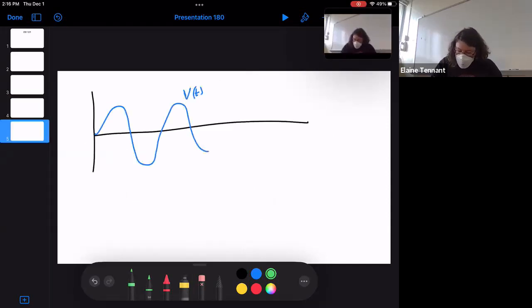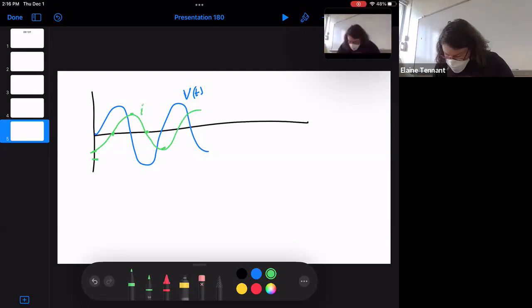So that means instead of starting at the top, it's going to start at the bottom. Here, I'll draw it like this. There, it's at its maximum. So when the voltage is at 0, the current is hitting its min or max. When the voltage is at its min or max, the current is hitting its zeros.